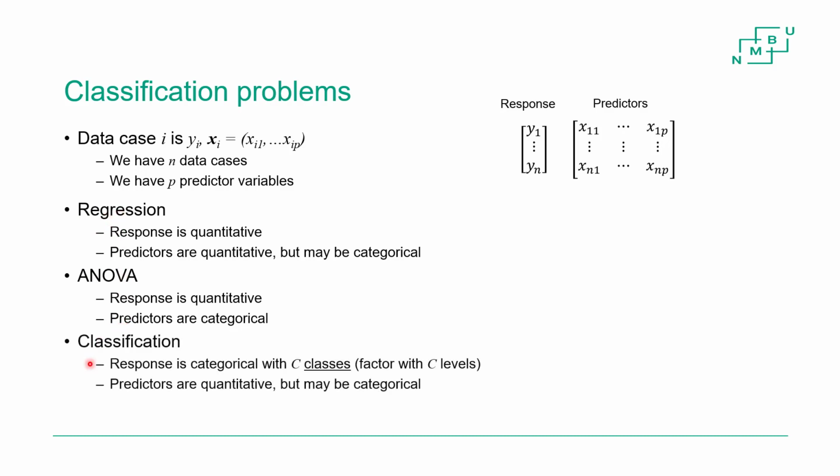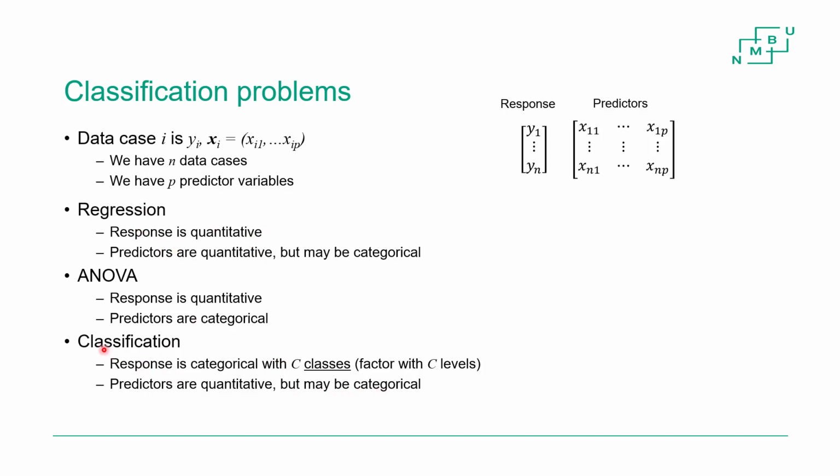So what we are turning to now is another type of data where the response is categorical, because that's something we haven't really seen up to now. The response is now categorical with C classes, and that is actually the factor levels. So this one has capital C factor levels that we call classes now. The predictors can be both quantitative and categorical, just as for regression.